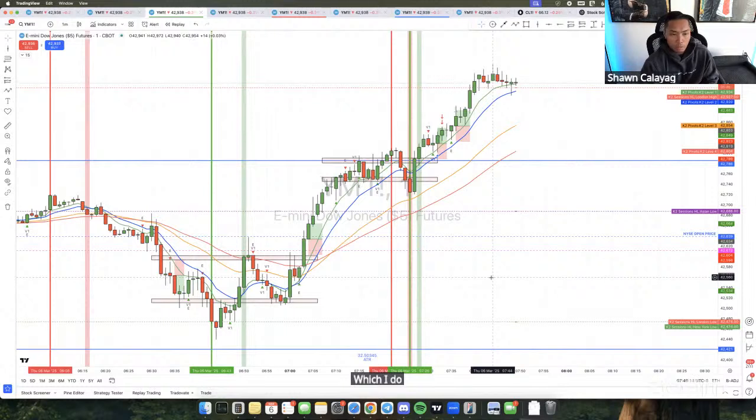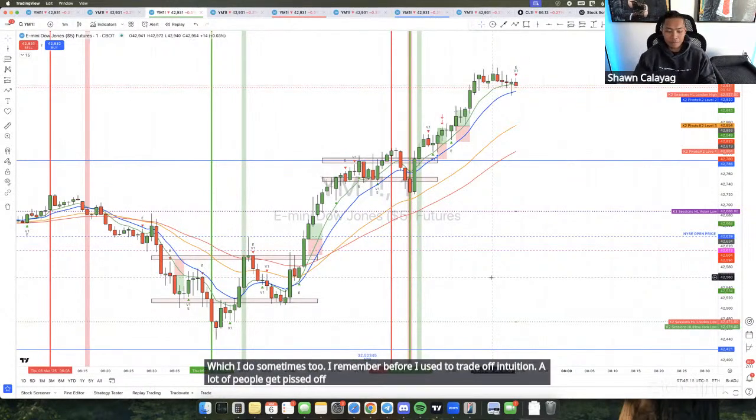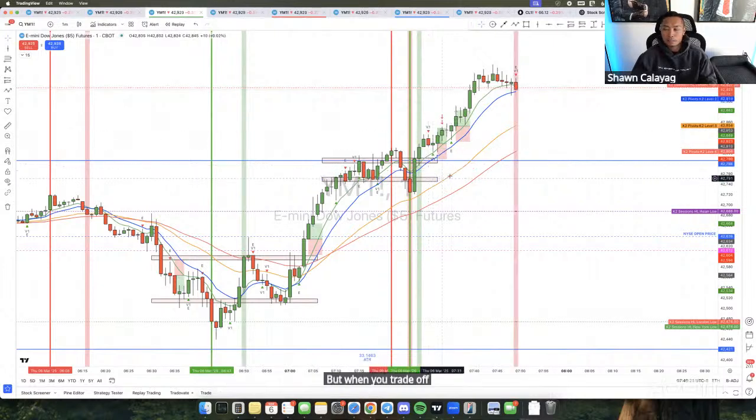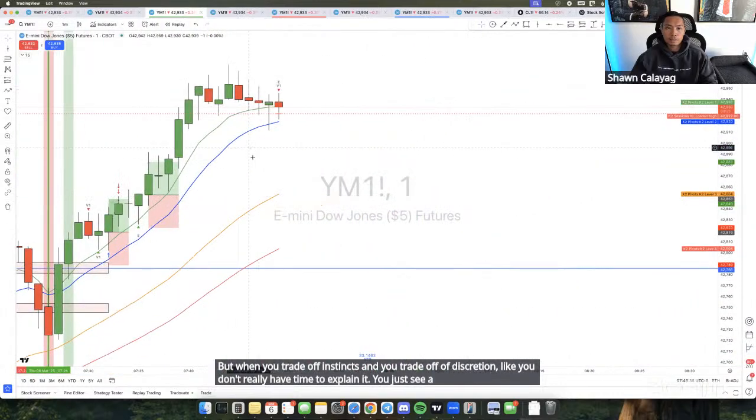I remember before I used to trade off intuition, and a lot of people got pissed off. If you remember on FTMO, guys, I used to always see some movements in the market, I'd take an entry and I'd get out. People would be pissed because I wouldn't tell anybody. But when you trade off instincts and discretion, you don't really have time to explain it. You just see a movement there and you're like, okay, price is likely to push up from here.